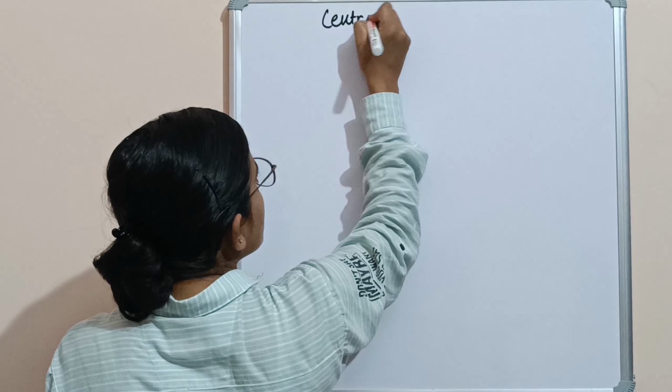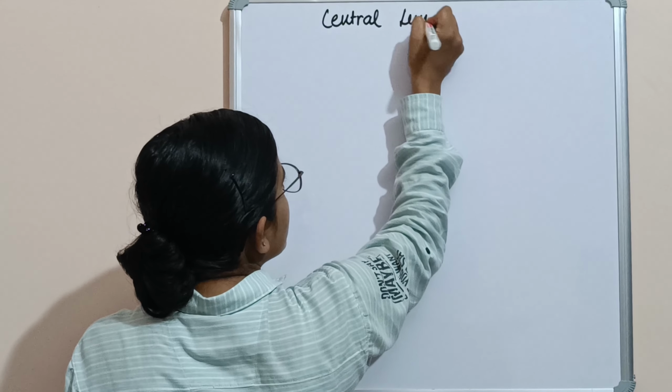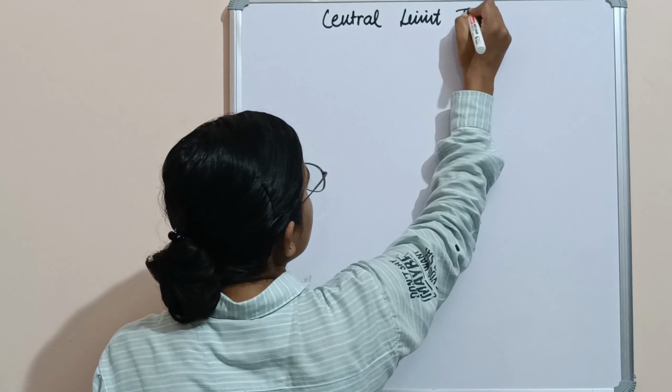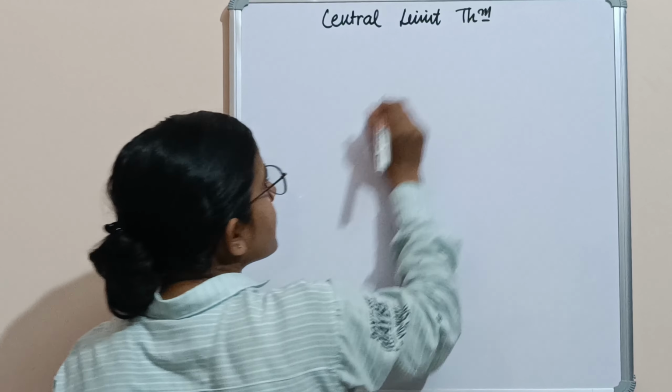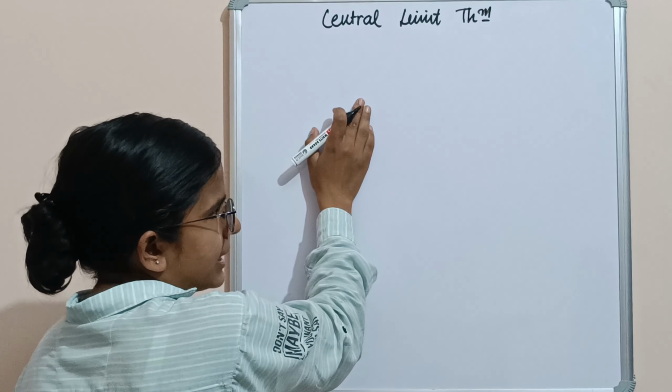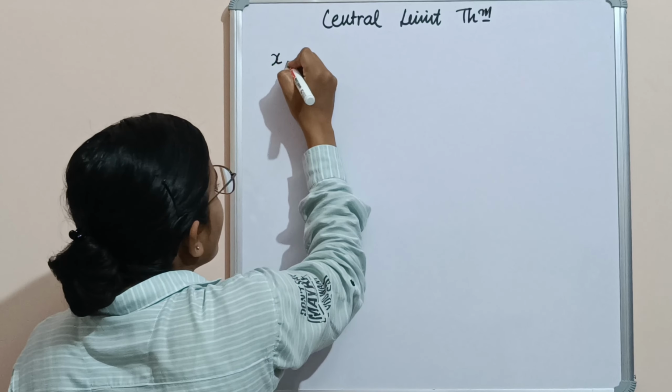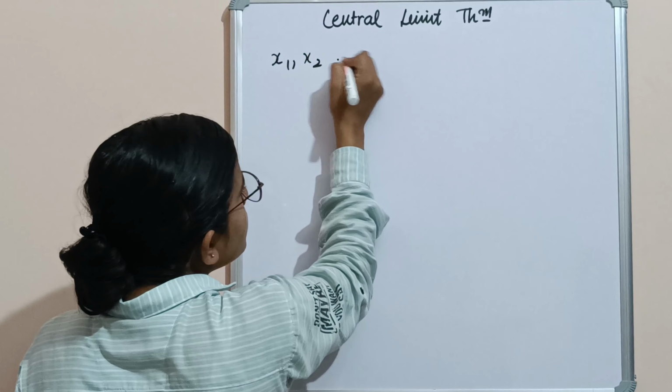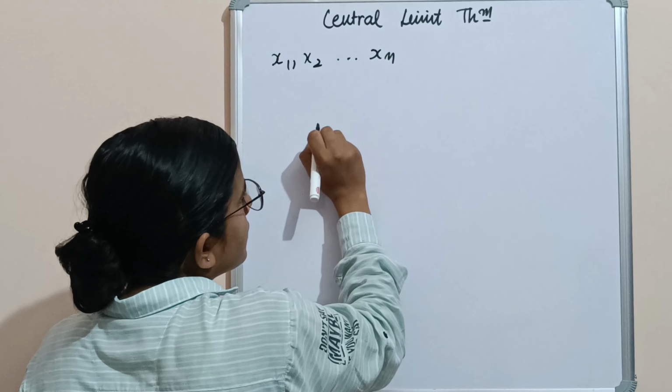Central limit theorem. Central limit theorem states that, let's say we have x1, x2 to xn.